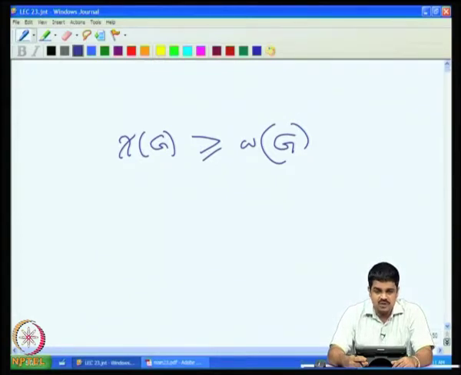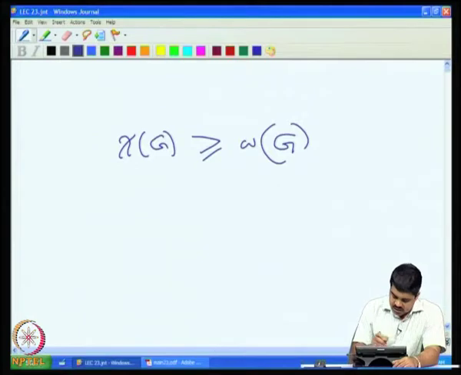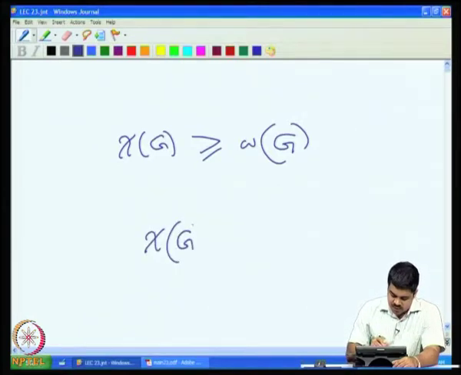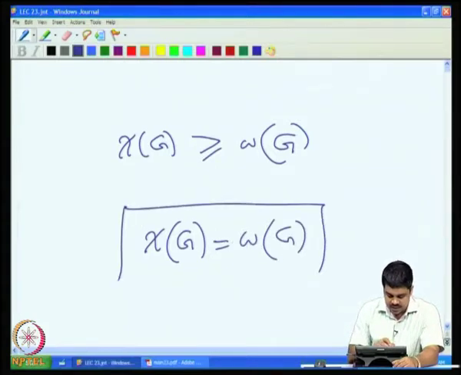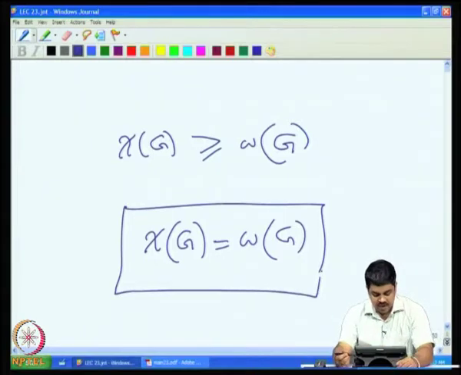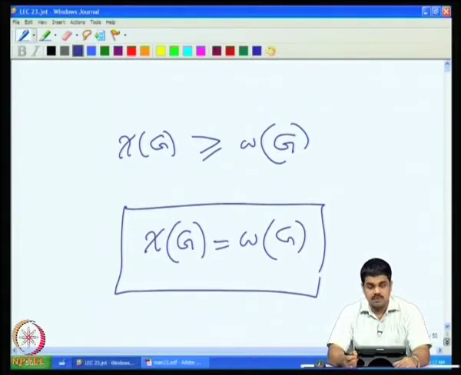So, naturally this question arises: for what kind of graphs can we say that this inequality becomes equality? Does it make sense to study the kind of graphs where chromatic number is equal to omega, the clique number?